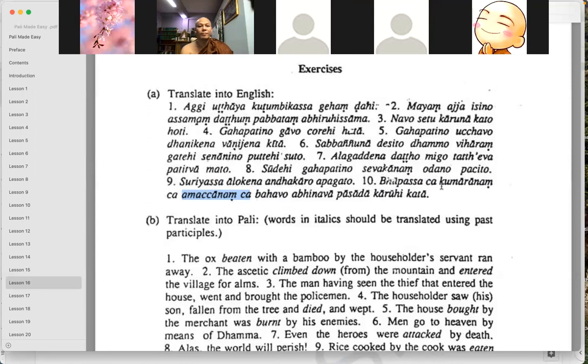Yes, Bante. For number 10, Bante. For this number 10, we see that Bahavo is "many," an adjective of Bahu, and it also modifies Basada, palaces. So in this case, why Bahavo, with O at the end, is not the same as the A at the end of Basada, Bante? Sorry, again, your question.